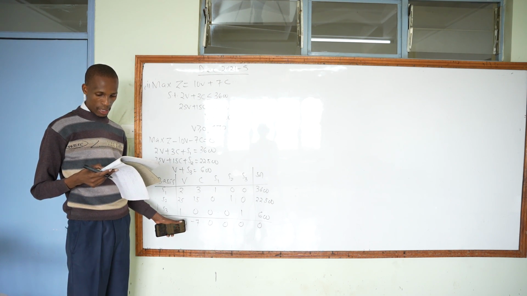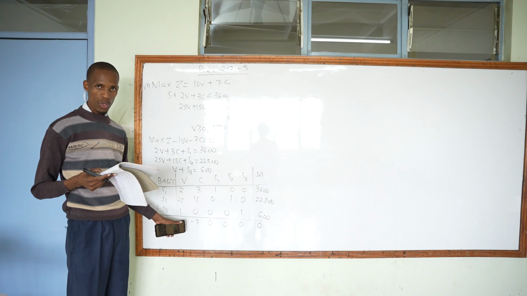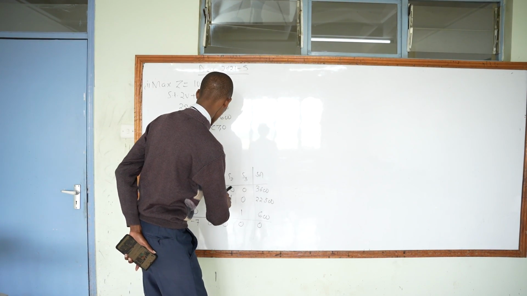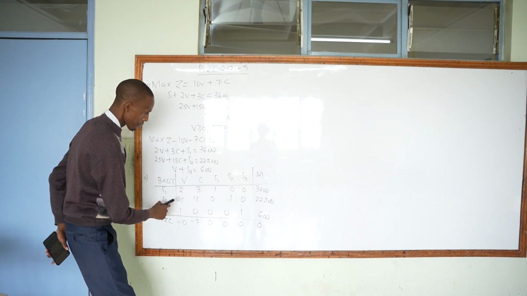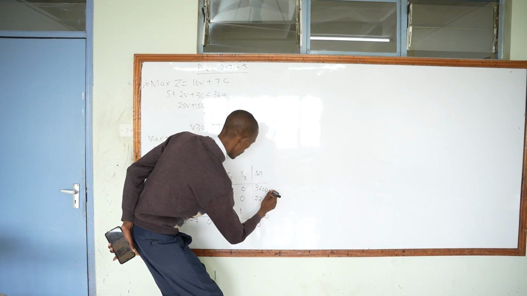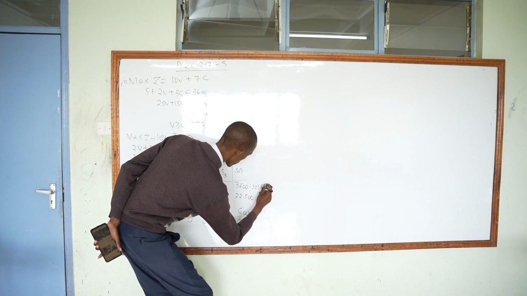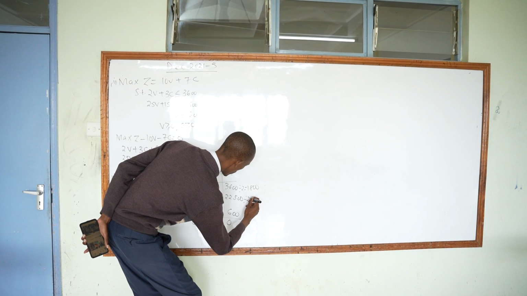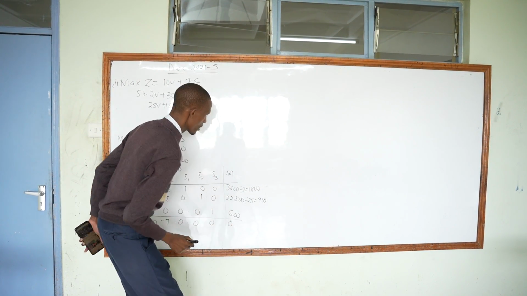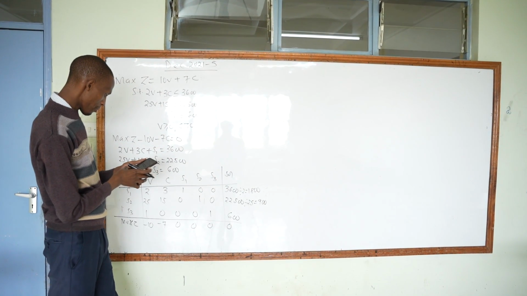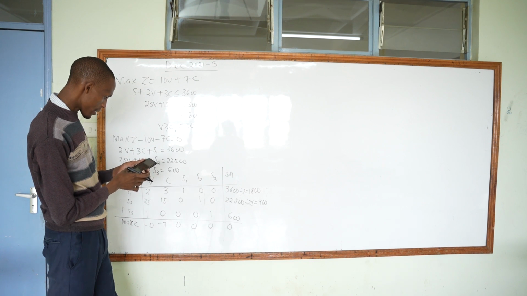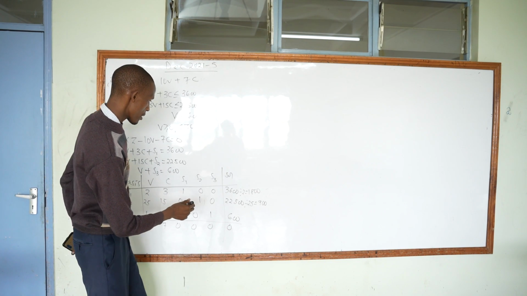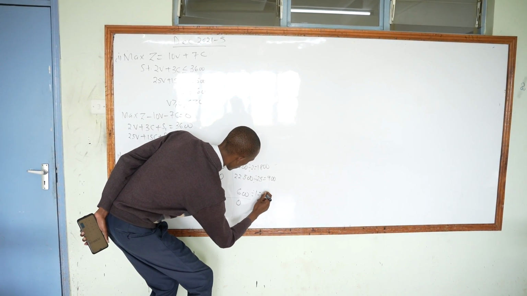Then we calculate the quotient for the smallest. How do we calculate this quotient? Now that we have known this is the pivot column, we divide: 3600 divided by 2 is 1800, then 22,500 divided by 25 is 900, and 600 divided by 1 is 600.